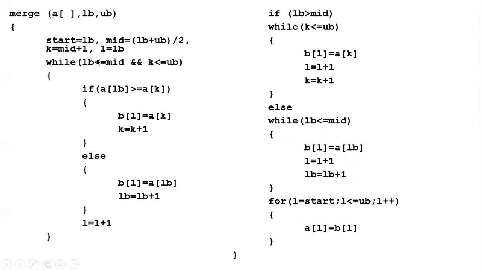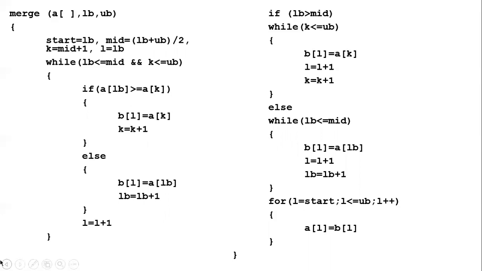For the second subarray, it will start with K. K is our mid plus 1 value and it can reach up to upper bound.